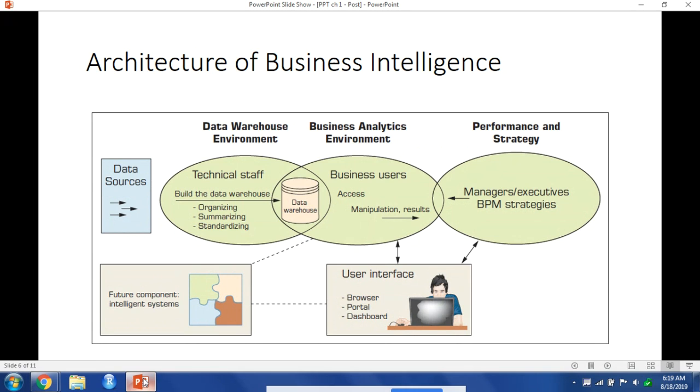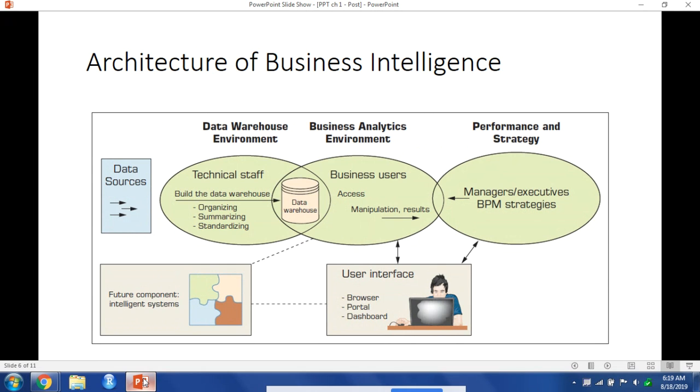So this figure gives a high-level view of how the architecture of a business intelligence system works and how the different parts relate to each other. We start on the left side, and we have some source of data, possibly insurance claim data, for the example of the revenue cycle at a hospital.